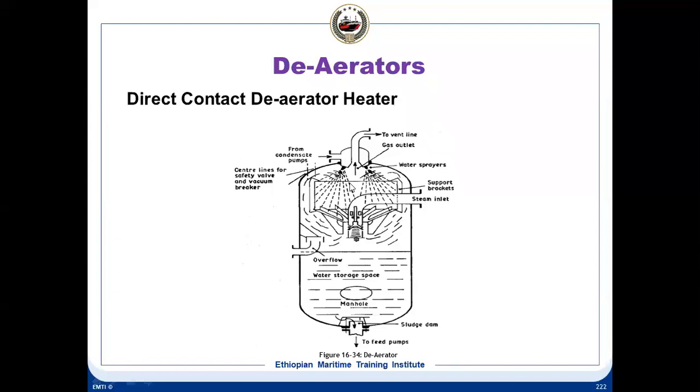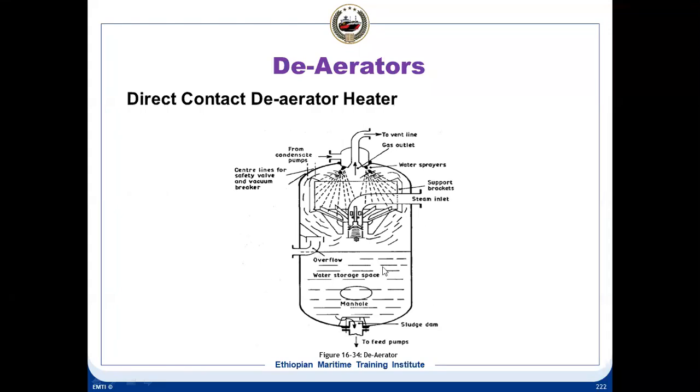So normally this steam is taken from any of the steam lines which is going to the turbine, and as a result the feed water is heated up. And once the feed water is heated up, any dissolved gases which are there go to the vent line. There may be a small fan fitted in the vent line, and all the gases are exhausted from there.